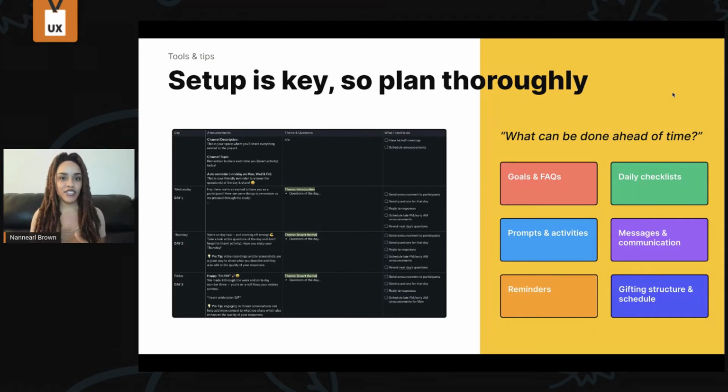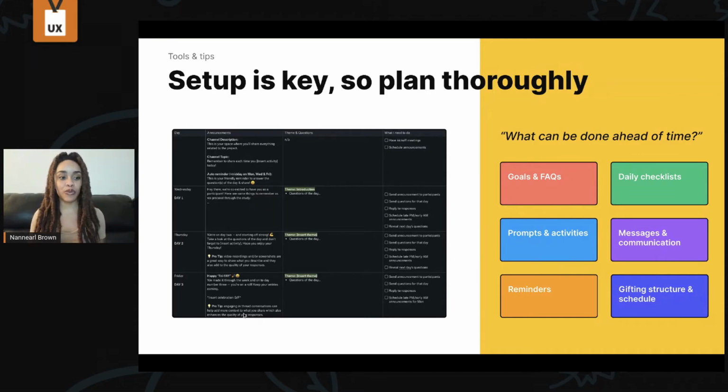I had announcements that I was shooting out every day in Slack, in addition to questions of the day. And so here on this chart, if you can see, there's by day, and you can see maybe the first 3 days here, and it's literally just all of the messaging that I want to do. And so it's so much easier to copy paste than it is to type things out.